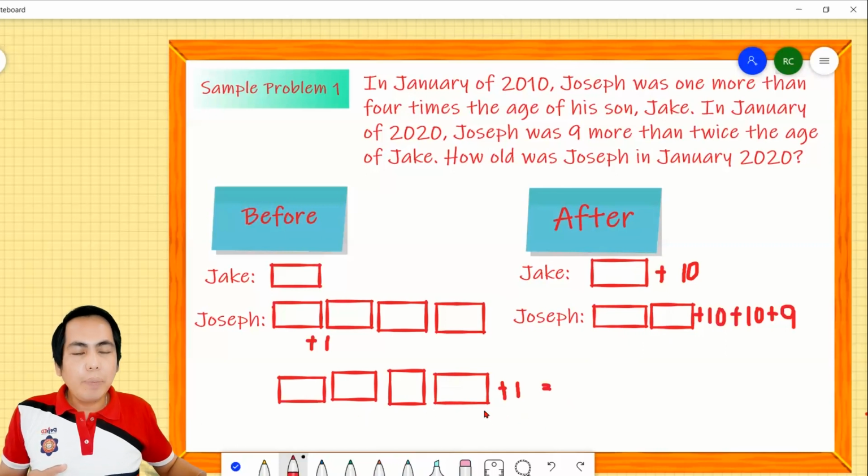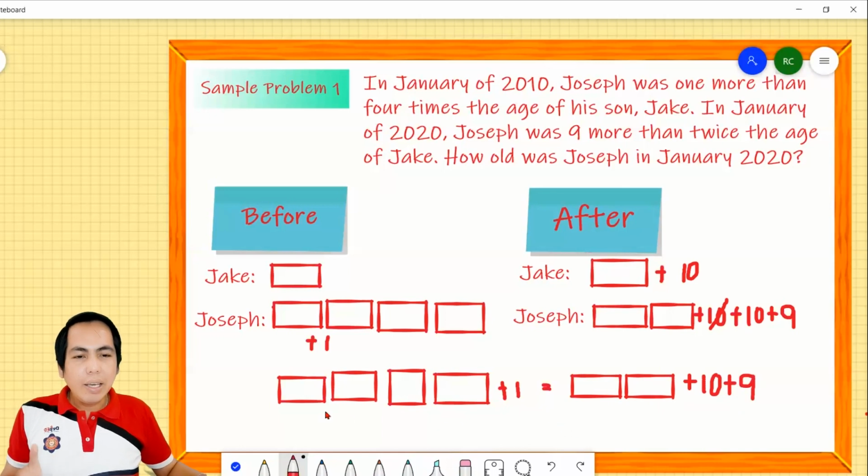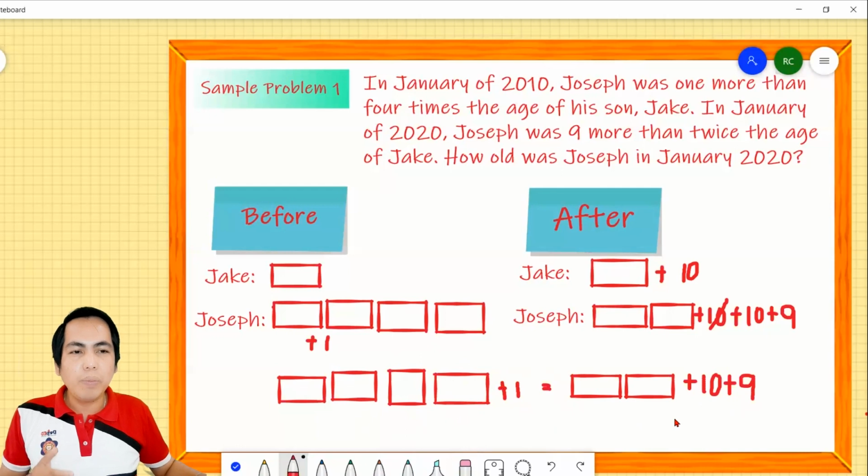Now, these 4 boxes plus 1 is just the same as 2 boxes plus 10 plus 9, without this 10. So we can also represent the age of Joseph in January of 2010 by using only 2 boxes plus 10 plus 9. Basically, these 4 boxes plus 1 or 2 boxes plus the 19 are just the same, because each of these represents the age of Joseph in January of 2010.